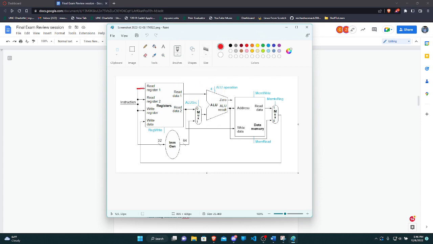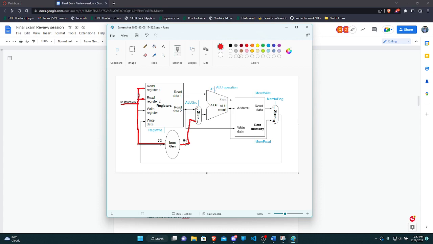So we'll have one here, and we'll have one here. But we will also have an immediate, so we're going to have to go down here. That's a great line. Okay, so for this one, you have two different things happening.